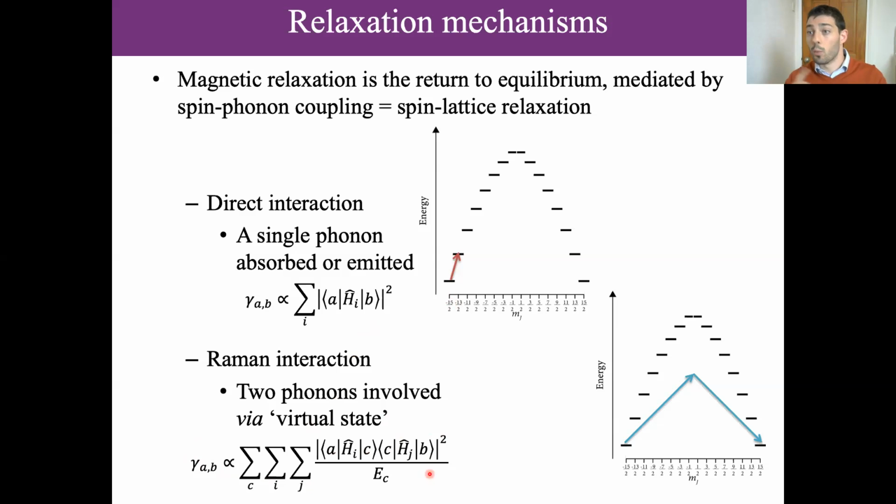These are the so-called Raman 1 and Raman 2 mechanisms. It looks something like this: you have two different interaction phonon Hamiltonians that are mixing state A with some intermediate state C, and then mixing state C with B to give you this effective A to B transition. And of course, that's proportional to the energy of that state as well.